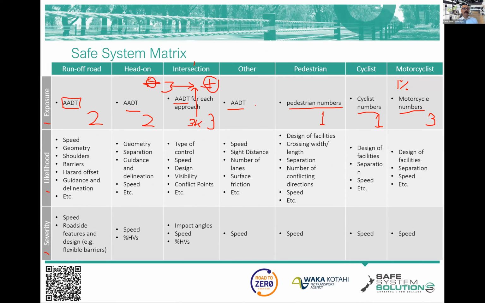So then you're able to put some scores there. As I say, for other crashes, if we're thinking of something like sideswipe crashes, let's put a 2 there. That is the main other crash category we've got a bit of concern with. It could be crashes with animals, it could be something else, but let's pop a 2 in there.